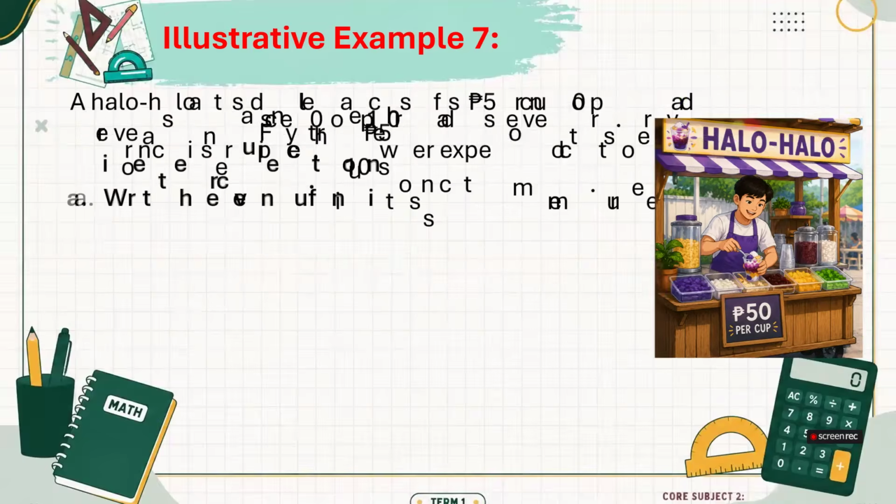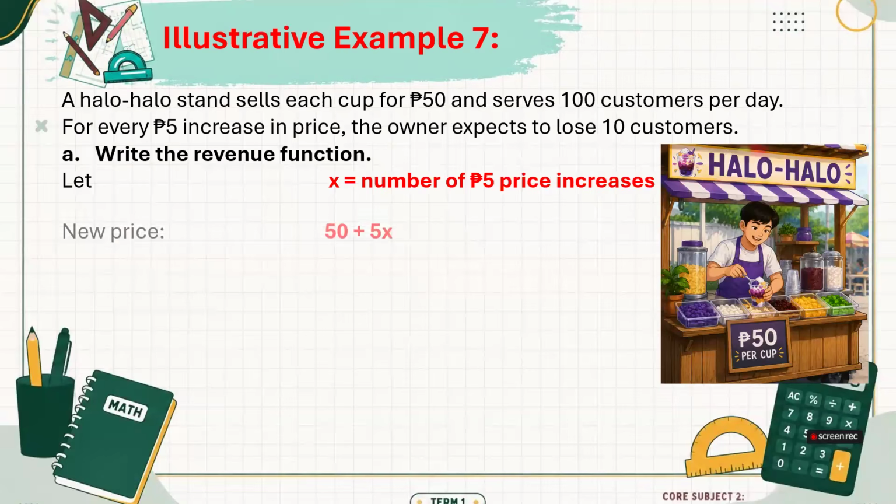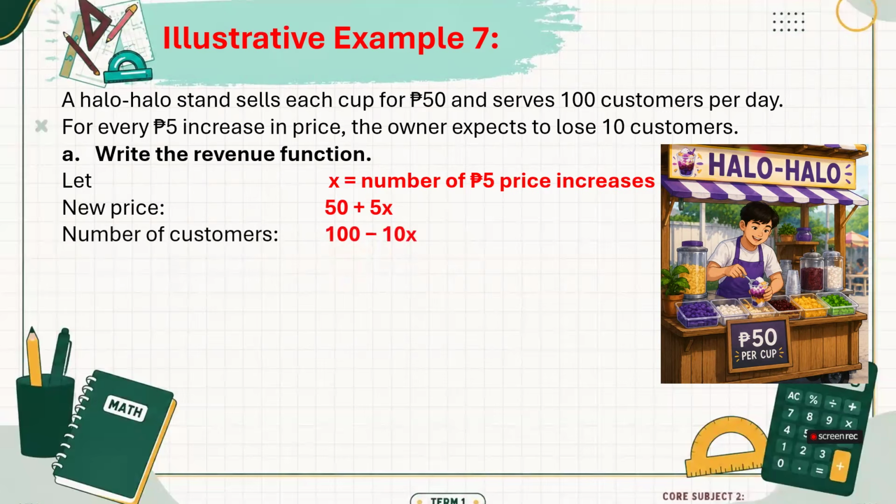So first, let x be the number of 5 peso price increases, and then the new price becomes 50 plus 5x. Now the number of customers becomes what? 100 minus 10x.